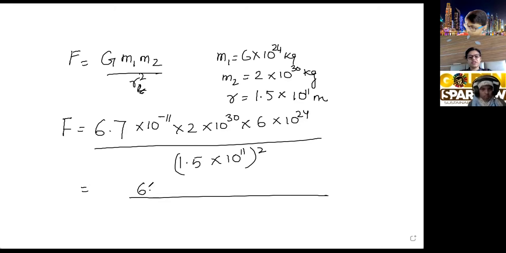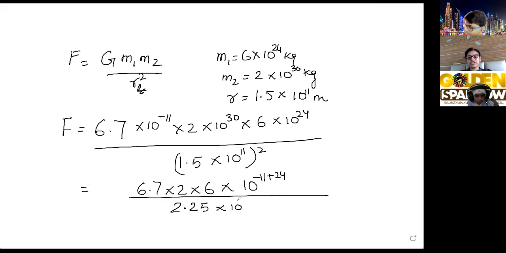So first make it 6.7 into 2 into 6 together, into 10 raised to minus 11 plus 24, because when exponents are added, the bases are the same. Base 10 and 10 are the same, so you can write 10 raised to minus 11 plus 24. And below, 1.5 whole square: 15 square is 225, so it is 2.25 into 10 raised to 11.